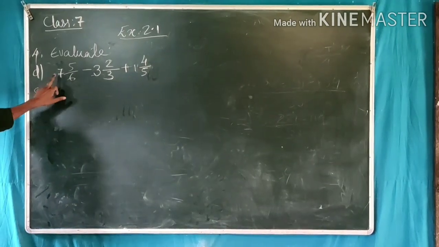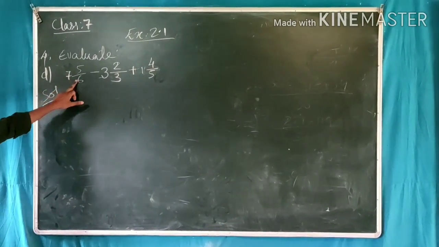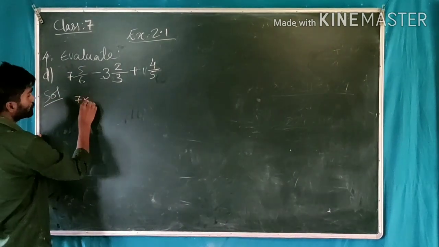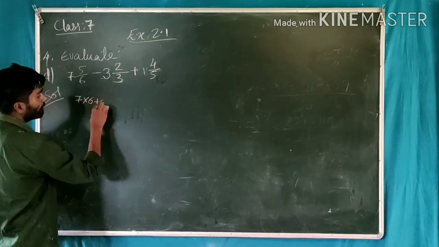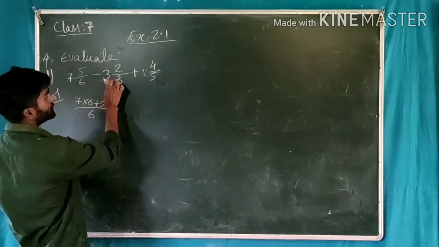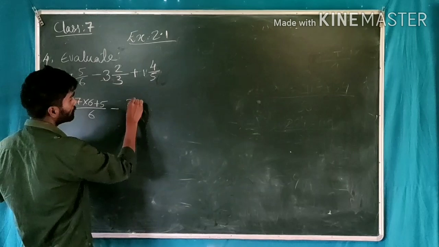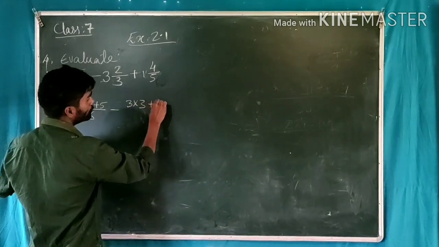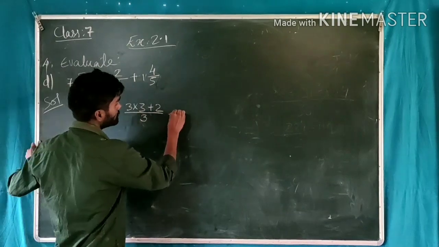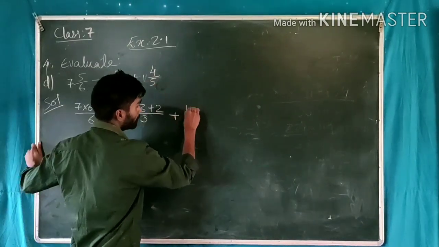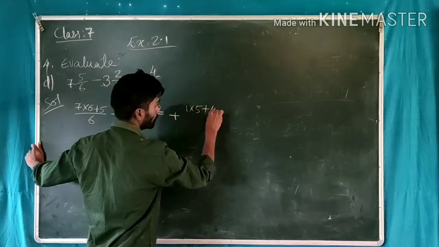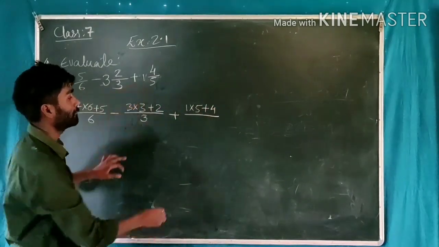How are we going to convert? 7 into 6 plus 5, that is 7 into 6 plus 5 divided by 6. Next, 3 into 3 plus 2 divided by 3, plus 1 into 5 plus 4 divided by 5.